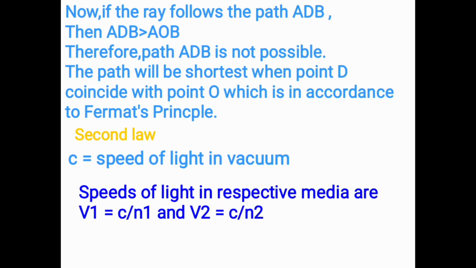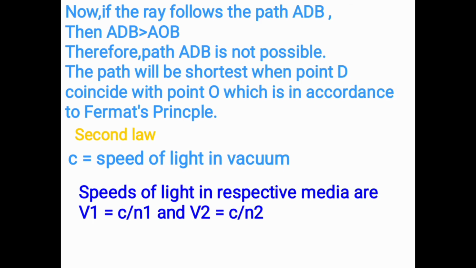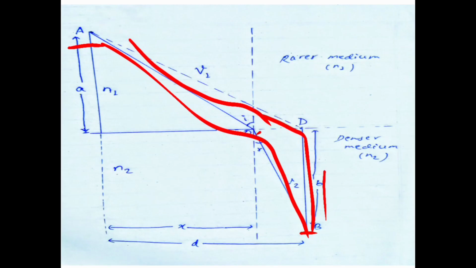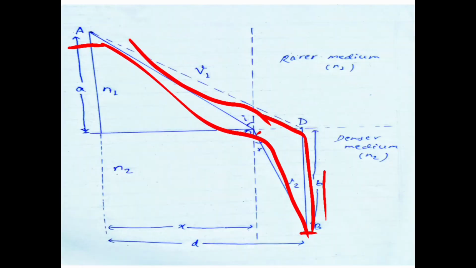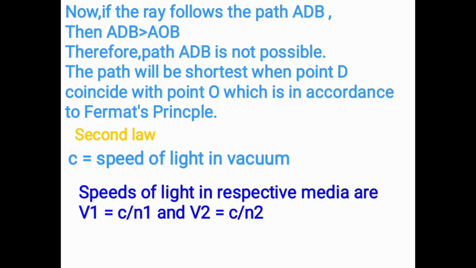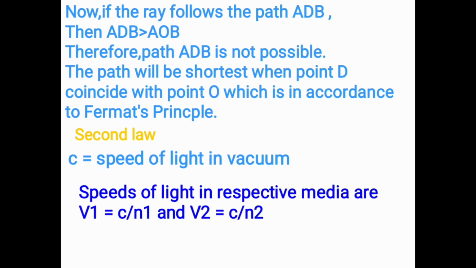Now if the ray follows the path ADB, the path will not be shortest, as you can clearly see in the figure. The path will be shortest when point D coincides with point O, which agrees with Fermat's principle.